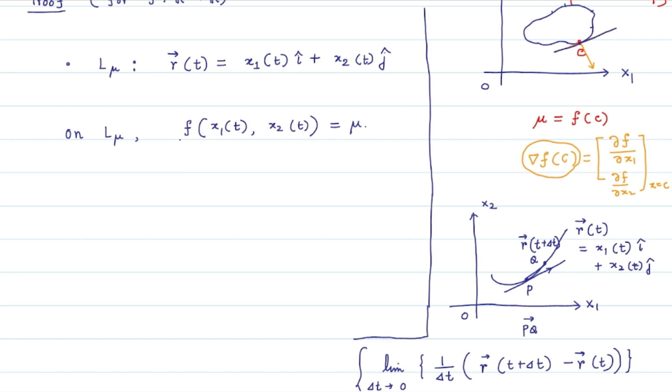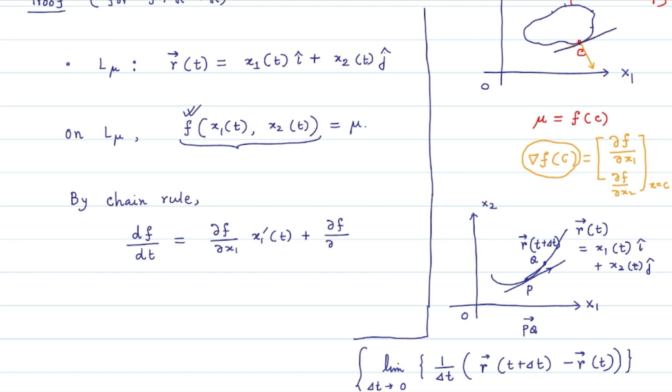Now we see that on the left of this equation we have a differentiable function of the variables x1 and x2, and these x1, x2 are now appearing as two functions of one single variable t. So by the chain rule of the composite functions of several variables, we get df dt is equal to del f del x1 into dx1 dt, or x1 dash t, plus del f del x2 into x2 dash t.